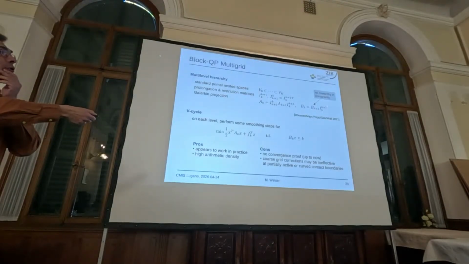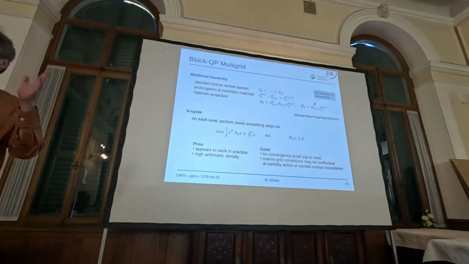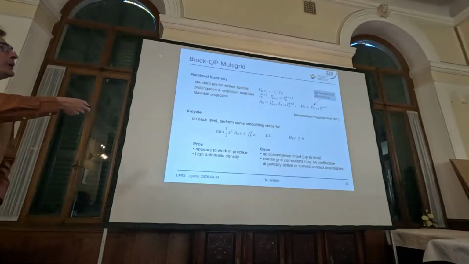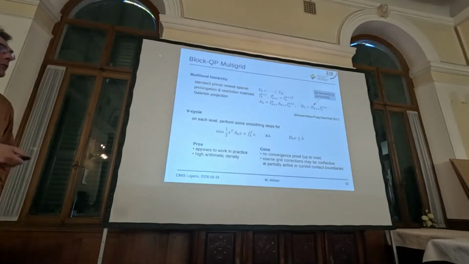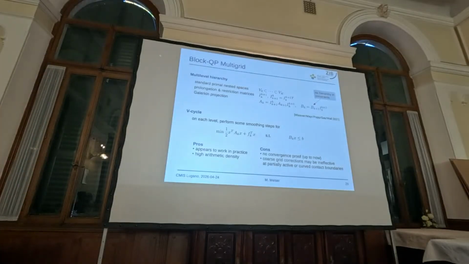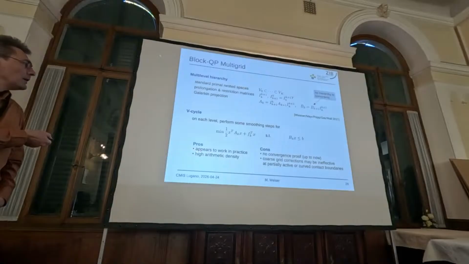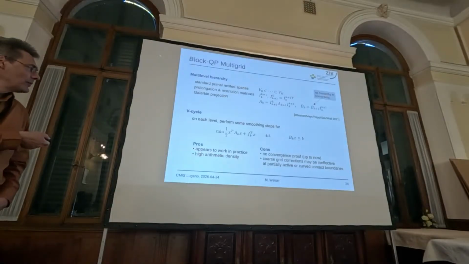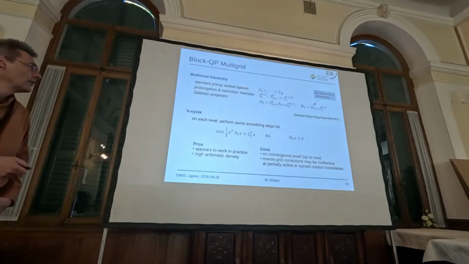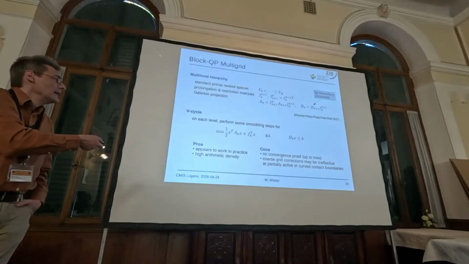We so far just projected on the primal side, taking all the fine grid constraints with us. This should be improved by coarsening also the constraints, as has been done, for example, in the group of Wohlmuth. But so far we didn't. And then we do a V-cycle that appears to work. It is nice because it has a high arithmetic density on the local solvers, these QP solvers.